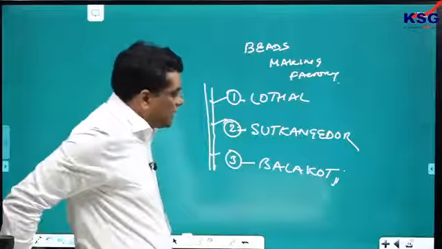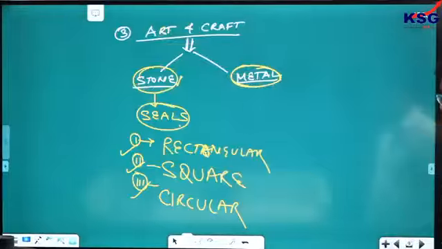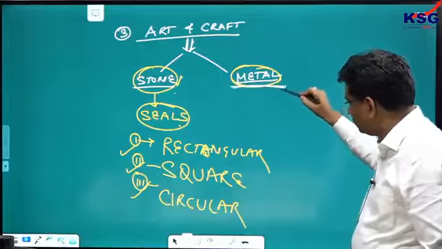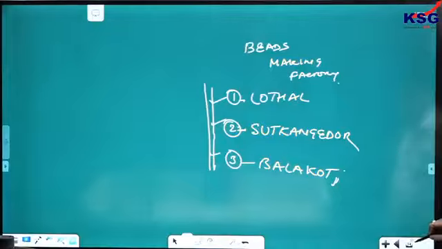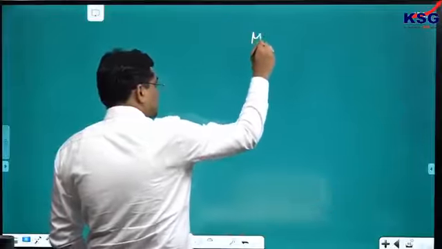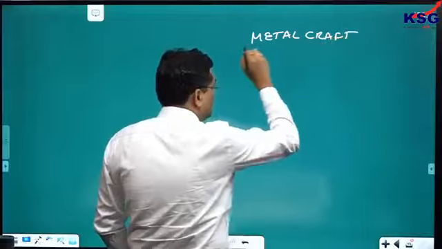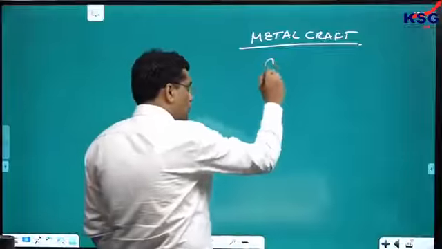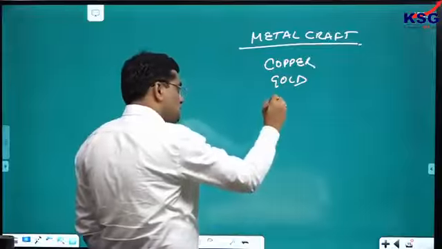Now come to the metal craft. They used a number of metals: copper, gold, silver.